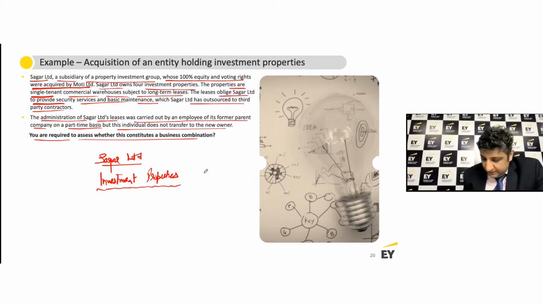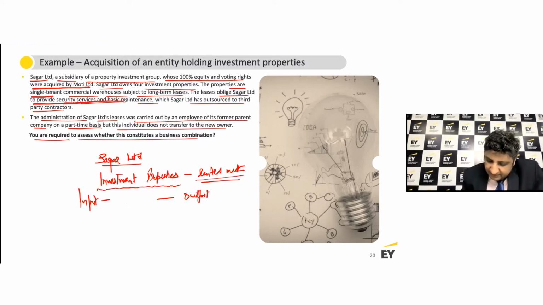Okay, and they are, of course, rented out as well. So effectively we are talking about both input and clearly visible output. And then we can say that there are security services and basic maintenance available. So even the processes are available, right?